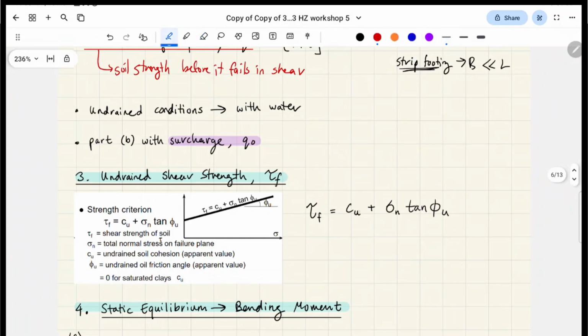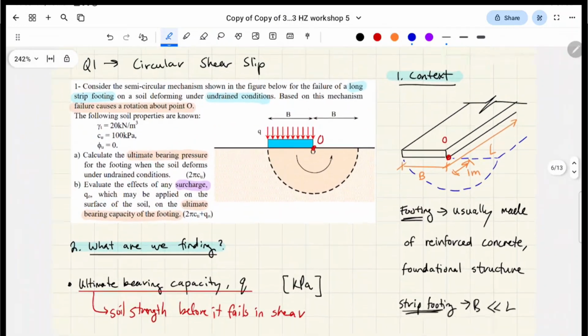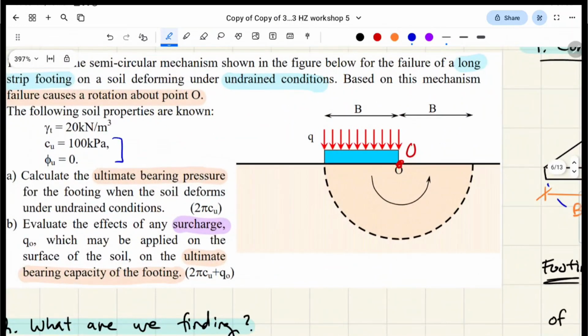So from the question, we're given that Cu is 100 kPa, right? And phi u is going to be 0 degrees, right? And because it's 0, this whole portion cancels out, right? Let me look at it up here. That's these two properties here.